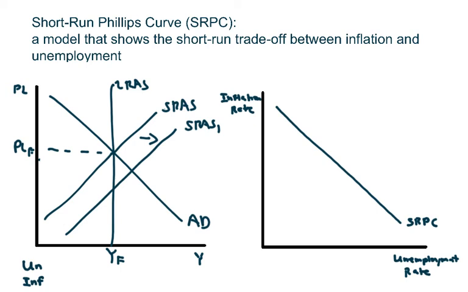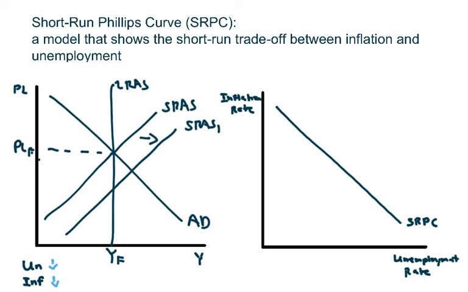When SRAS shifts to the right, GDP increases, and so unemployment has to fall because they're opposites. We have more stuff being produced, so we need more workers to make the stuff. And because the price level has fallen, inflation also decreases. So this is really interesting, right? They both decreased. So when we're moving short run aggregate supply, they both change in the same direction.